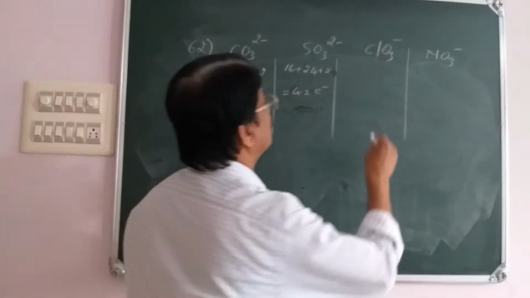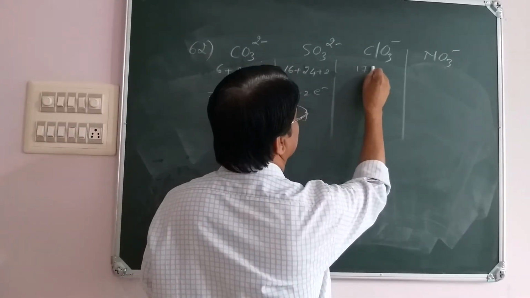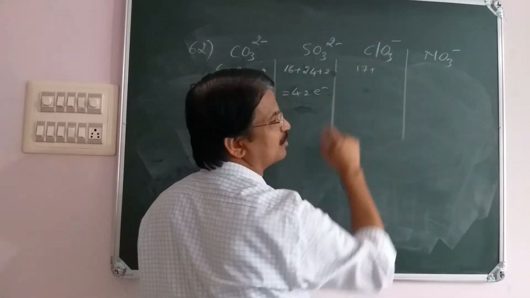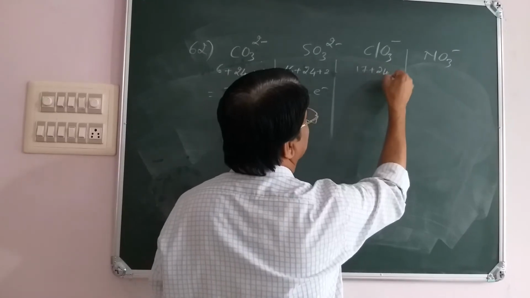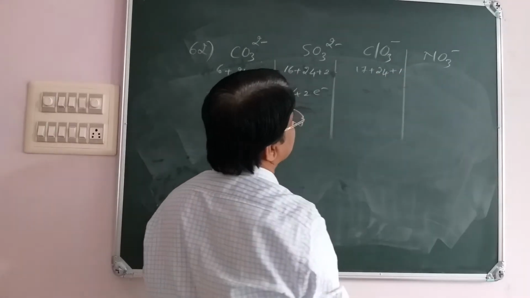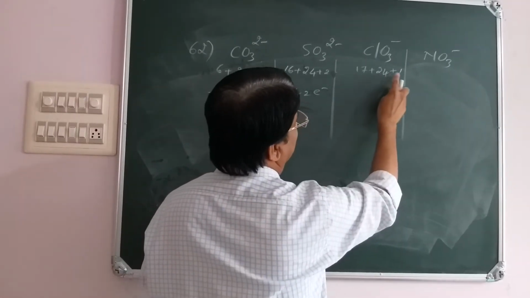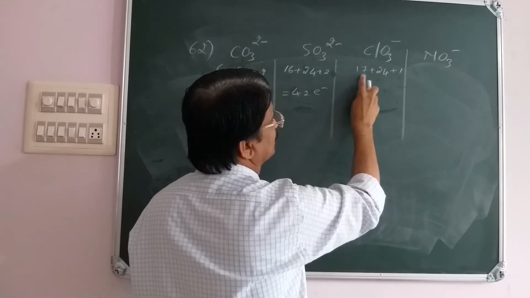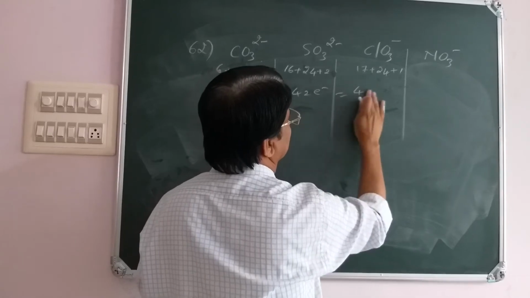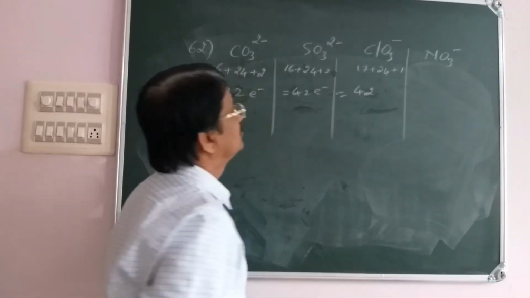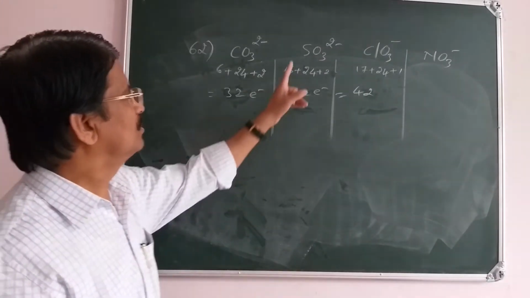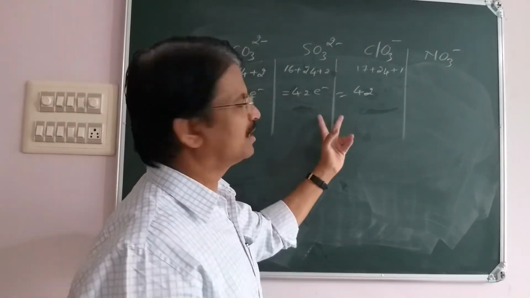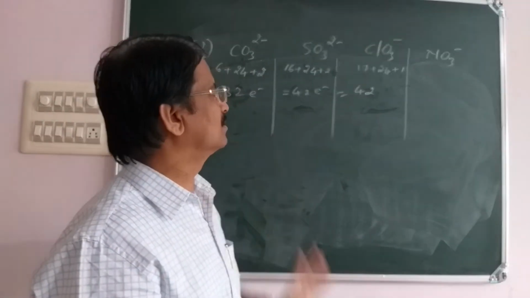Next, ClO3 minus, 17 plus 8 into 3, 24, minus means plus 1 electron, 24 plus 1, 25, 25 plus 17, 42. So SO3 and ClO3 both are isoelectronic.